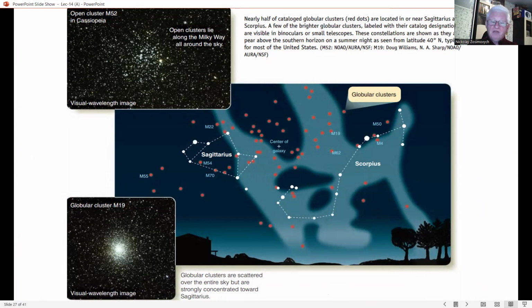Shapley assumed that this great cloud of globular clusters was controlled by the combined gravitational field of the entire star system. In that case, he realized he could study the size and extent of the star system by studying the globular clusters. To do that, he needed to measure the distances to as many globular clusters as possible.